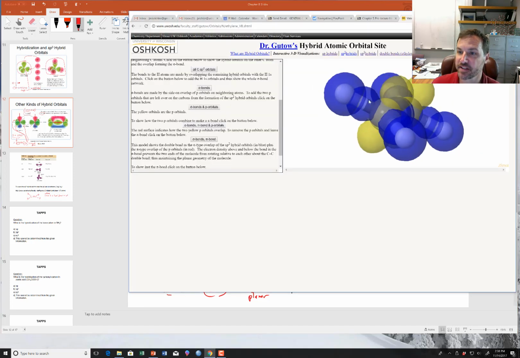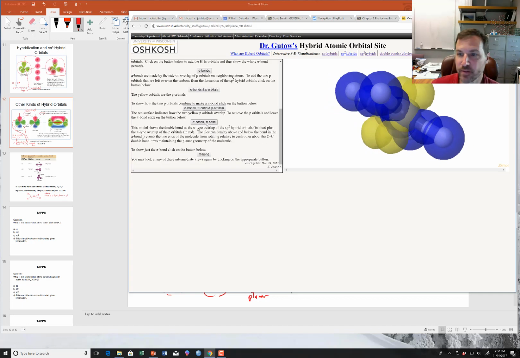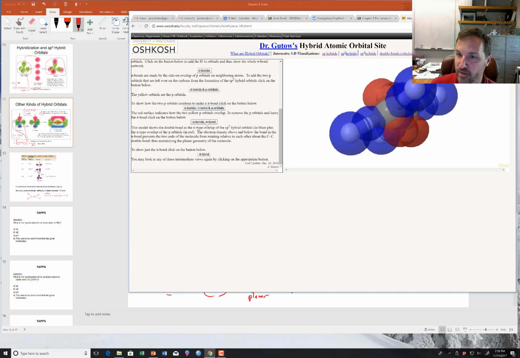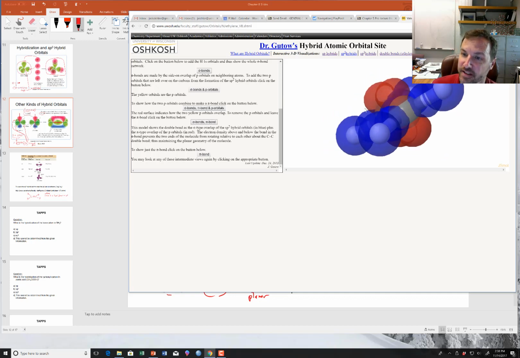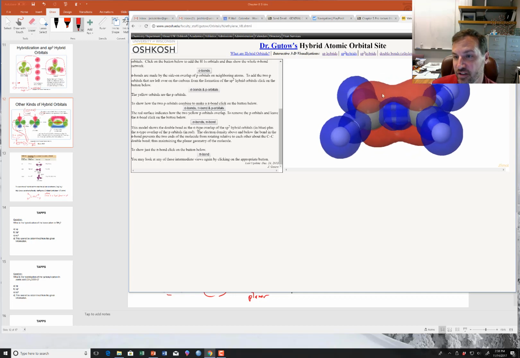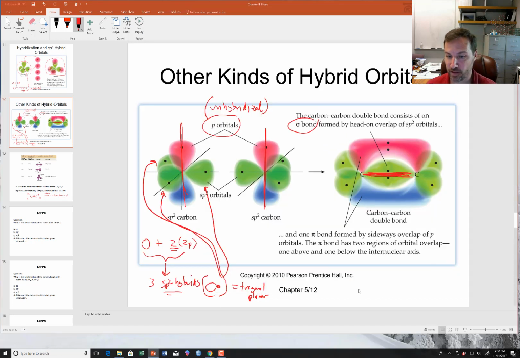And then if we now mix those 2 unhybridized p orbitals, that's where we now form the pi bond that I talked about. So this is the double bond. So the head-to-head interaction is the sigma. That's the first part of the bond. This side-to-side interaction is the pi bond. So that's what we call a pi bond, which you can see here. So pi bond means you're getting a side-to-side overlap between those unhybridized p orbitals.